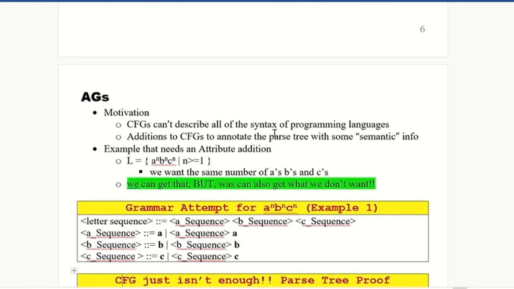But here's the problem: what I'm trying to do with that grammar, and it's not going to work, is have a language with the same number of A's, B's, and C's. See that n in between them? It says grammar 10 for A, B, C, and the n's between them. That's what I want. 3 A's, 3 B's, 3 C's. 4 A's, 4 B's, 4 C's. 50 A's, 50 B's, 50 C's.